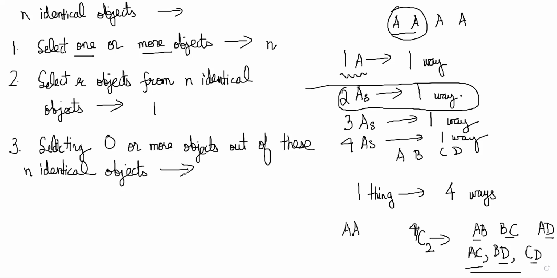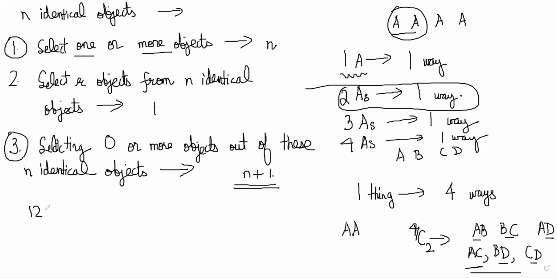Selecting 0 or more objects out of these n identical objects. So it is related to the first one where you have to do one or more. Here you have to do 0 or more. This will be n plus 1.